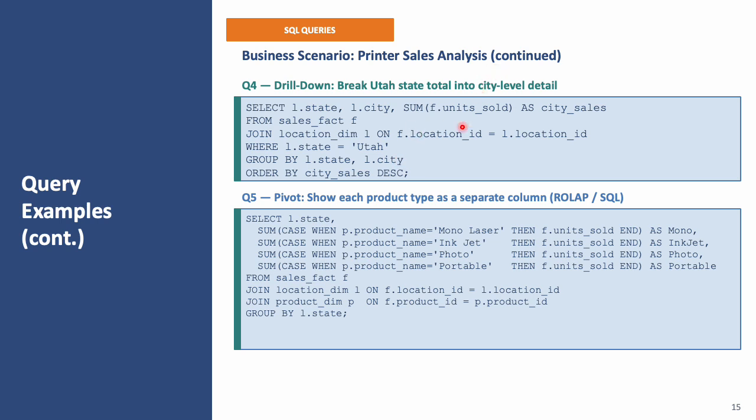The sum function then adds up all the unit values for each city. Order by sorts cities from highest to lowest sales, making it easy to immediately identify the top performing city within the state.